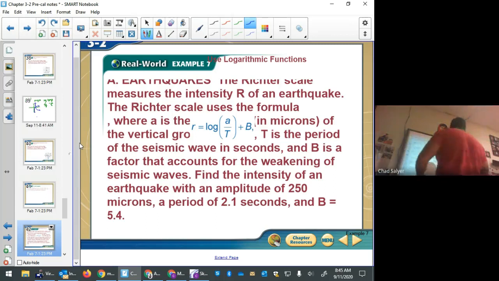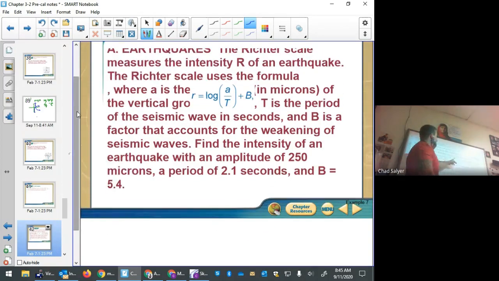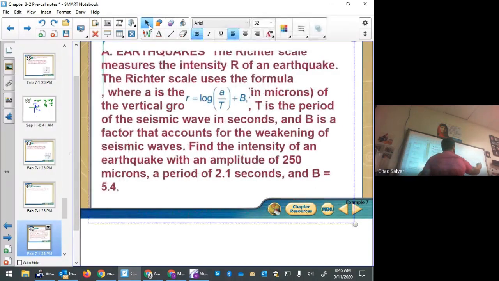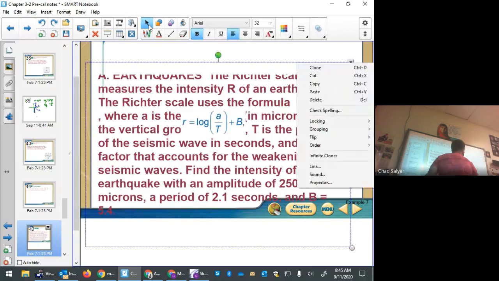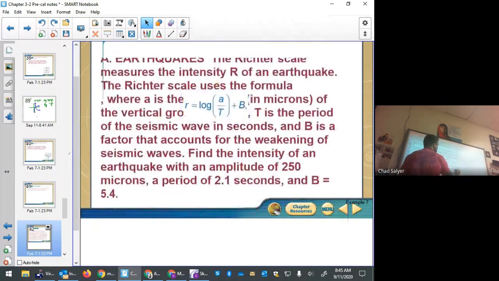Okay, so let's talk about this situation. Here we have this formula, and I wonder if I can move this around because that's almost illegible the way it is. There we go.